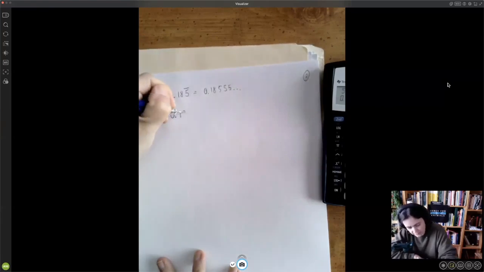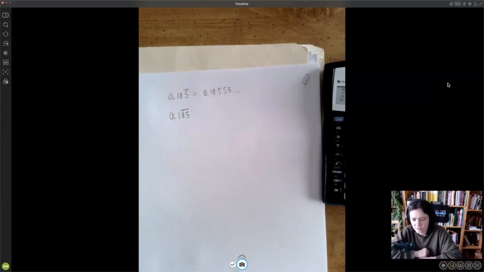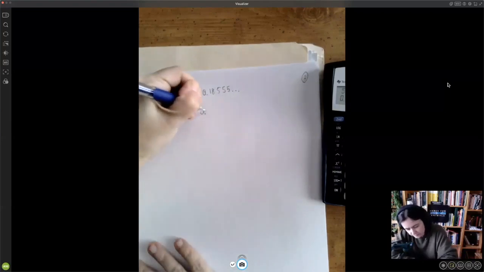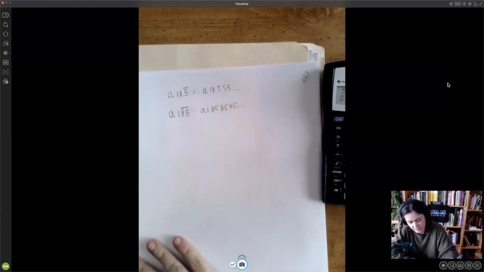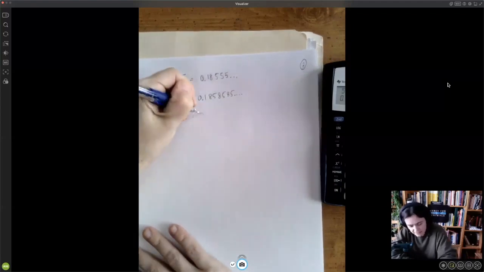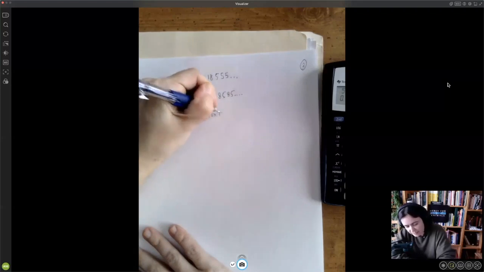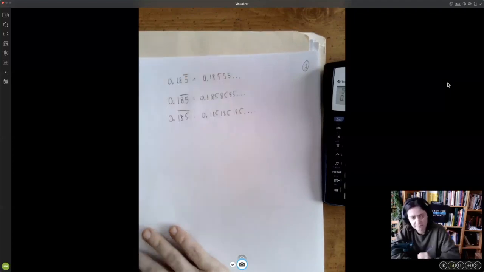On the other hand, 0.185 with a bar like this has a 2-digit-long repeating block. This is 0.185858585. And finally, 0.185 with a bar over all three digits is 0.185185185.